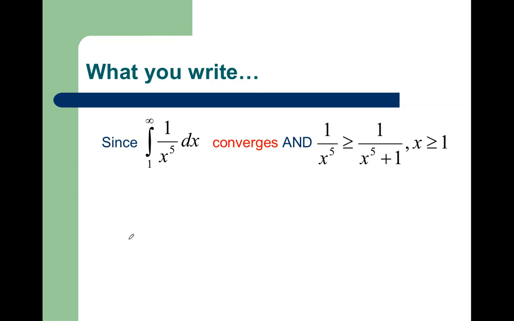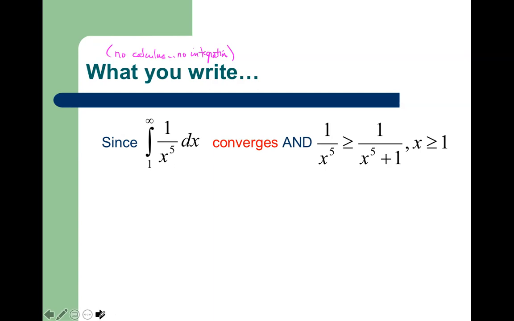So here's what you need to write down. Notice there's not going to be any calculus. No integration. Since there's no integration, you're going to have to write more because you're not writing limits, you're not evaluating an integral. So here's how you state and justify using a comparison test.